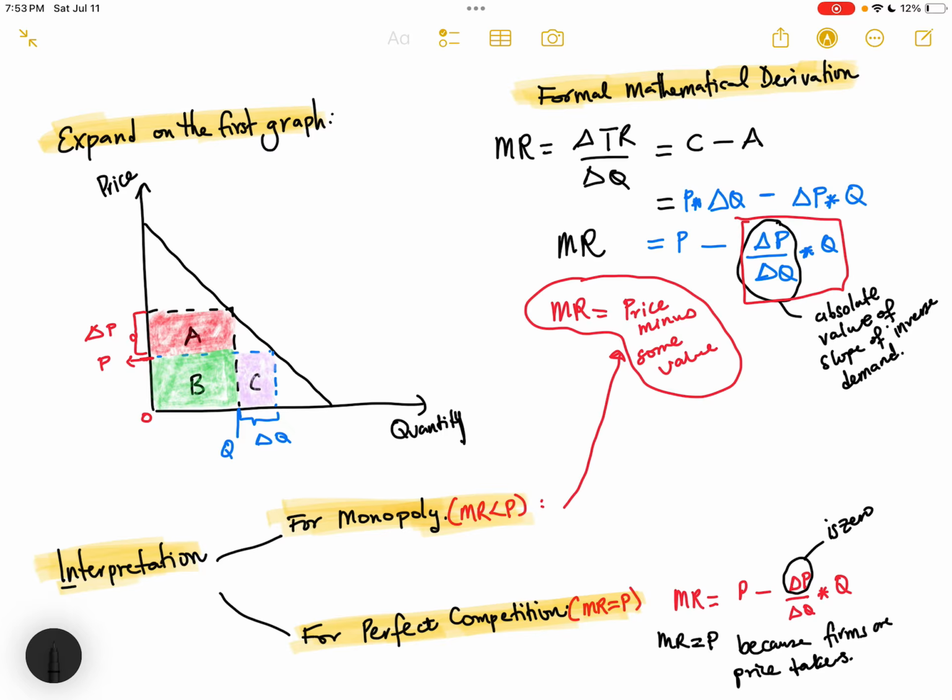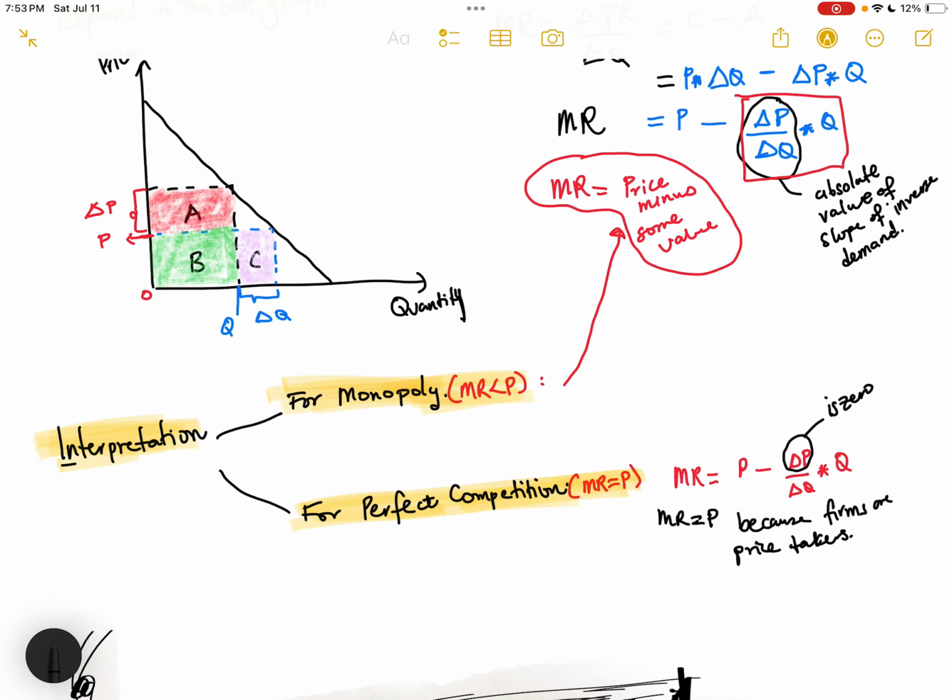For those who don't remember what I'm talking about, I need you to cast your mind back to the demand curve for each firm in perfect competition. It's horizontal, right? Now, I'm going to attempt to draw a small graph here.